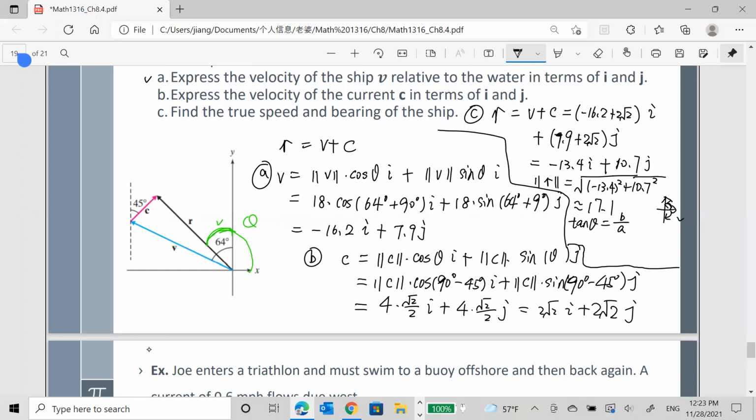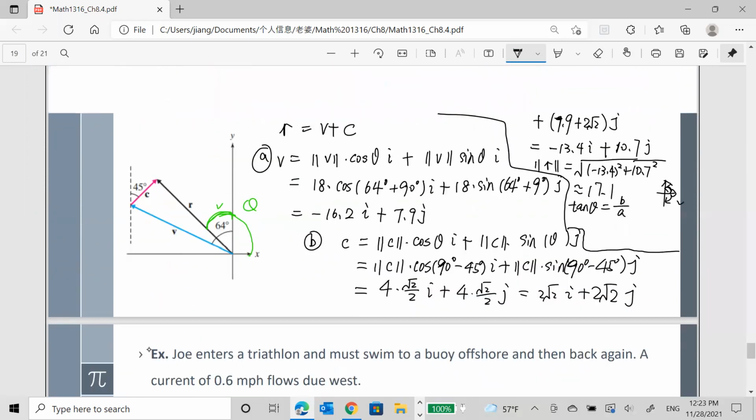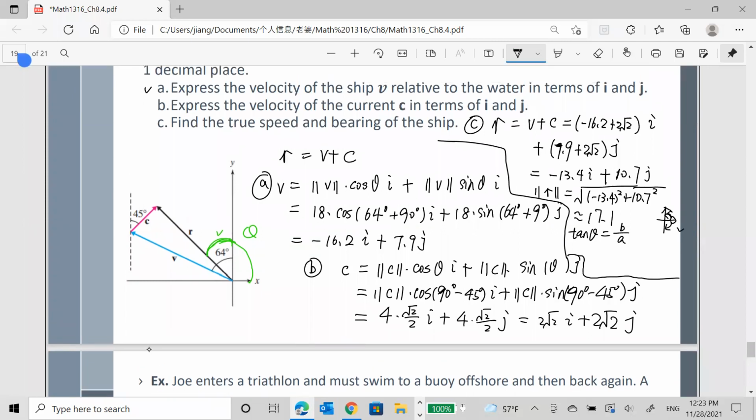If I had more space, I'd like to move this. Okay, so first plug in the numbers.